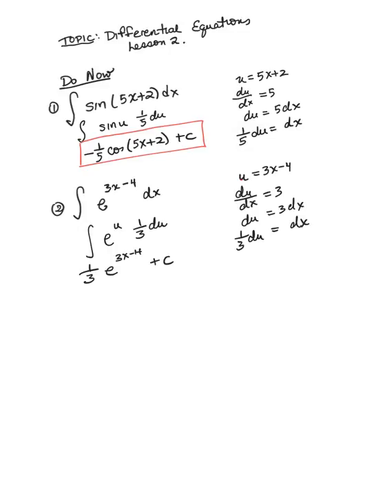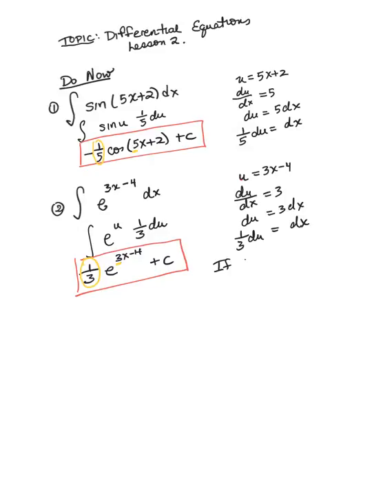So now I'd like to discuss a shortcut. Rather than going through all of that u substitution, how can we get the answer very quickly? Well, the idea is this. The coefficient is always the reciprocal of the coefficient of the x, but that's only if u is linear. So let's write that down.